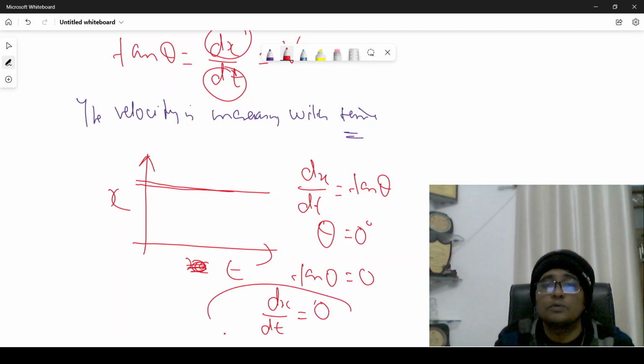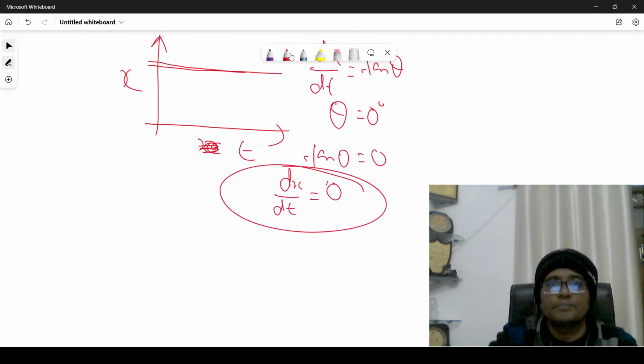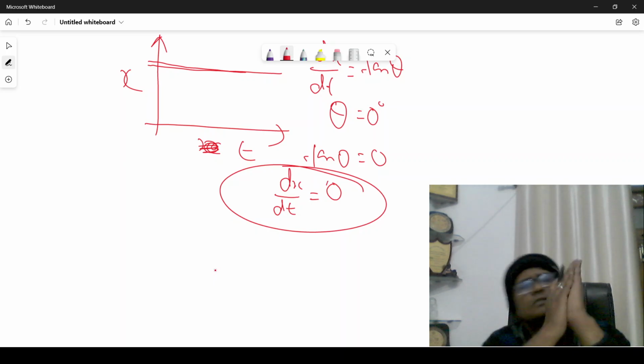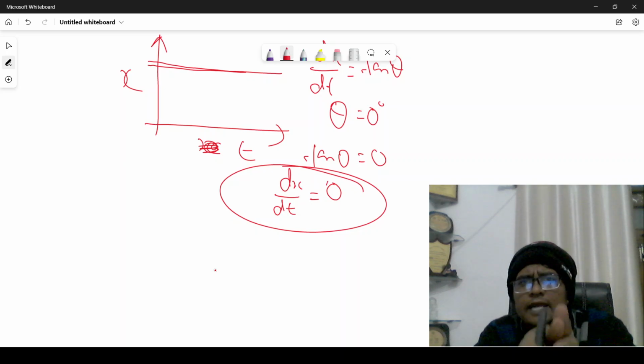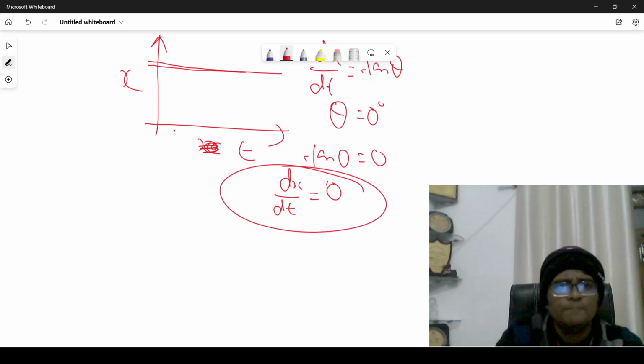So we can say that dx by dt, that is the velocity, is 0. Means what? The velocity is 0. Velocity is 0 means body is standing at its constant position. Say how?